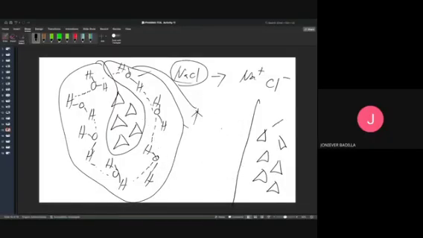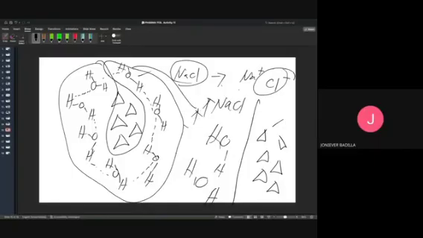One is that of your ether, and the other would be the aqueous NaCl. Considering the presence of the chloride ion there, they will be able to compete for the surrounding water molecules. So as you increase the concentration of sodium chloride, this will draw more water away from your triangles or your ether.